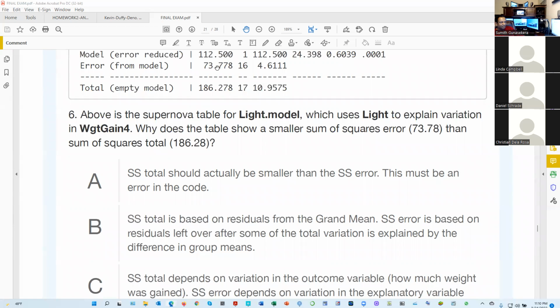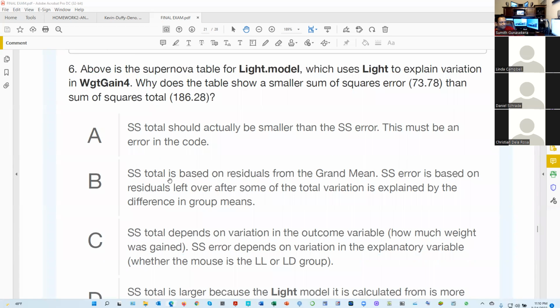They ask why this is smaller. This can be smaller for a reason. The SS total is based on the residual from the grand mean. SS error is based on the residual leftover after the total variation is explained by the model, explained by the difference in group means. SS total is based on the grand mean.